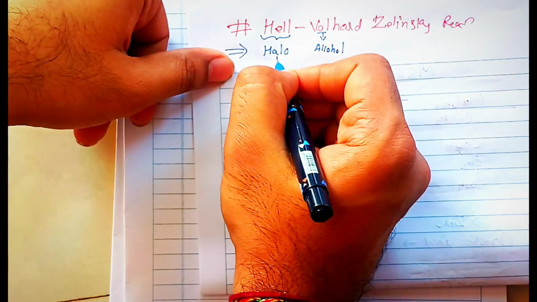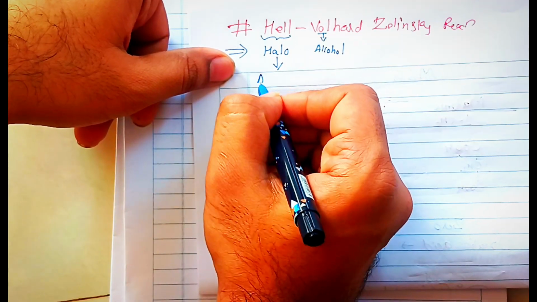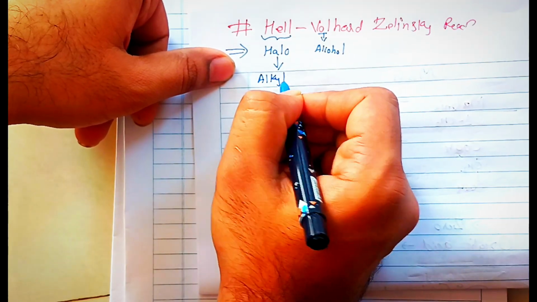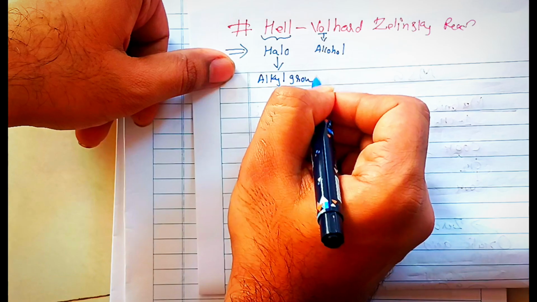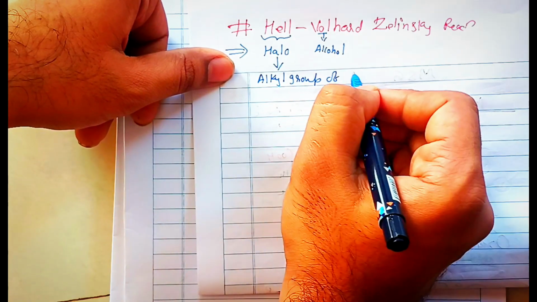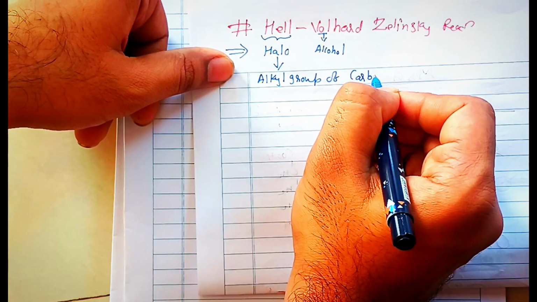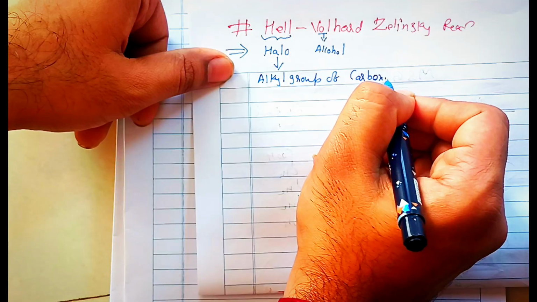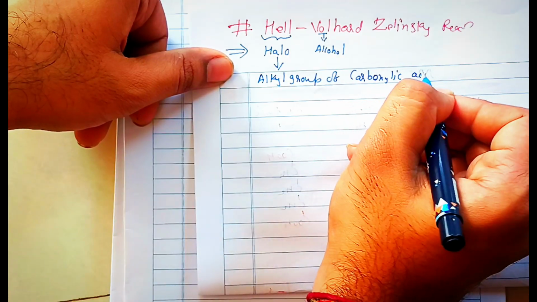So this halogen is attached to the alkyl group of the carboxylic acid.